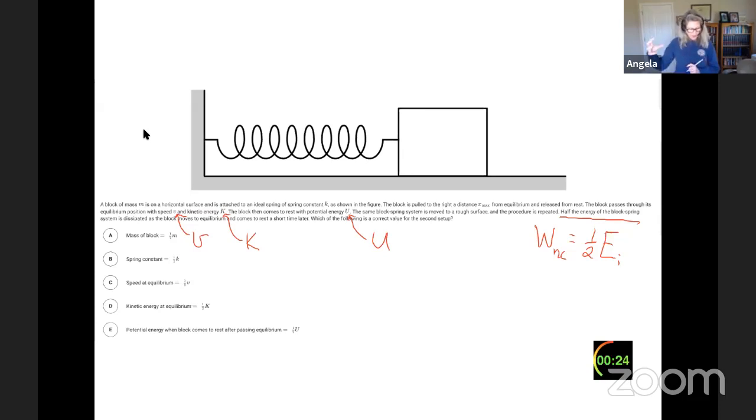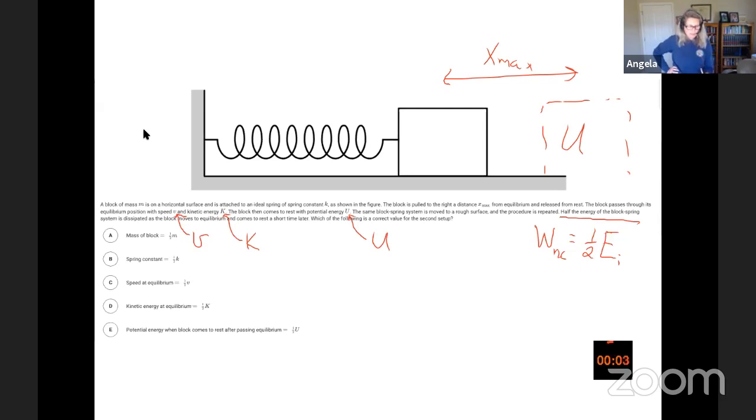Okay, so they started at x max, they let go, and they say as it moves to equilibrium, half the energy is gone, right? So if we draw this, if we pull it to x max, this distance would be x max. It starts with an energy u, and if there's no friction, it would have an energy k here.